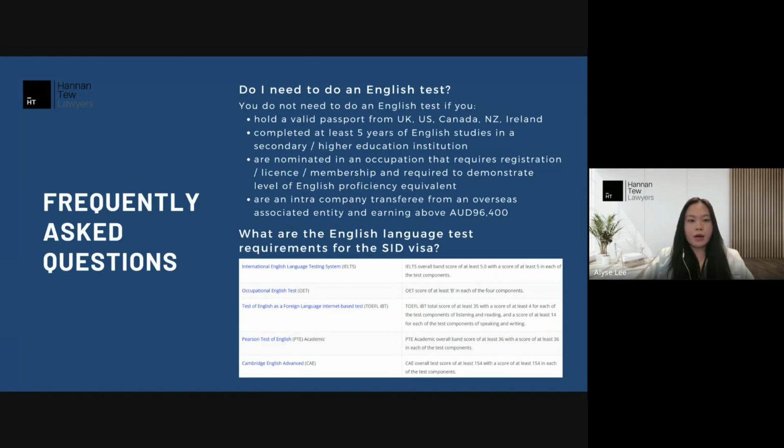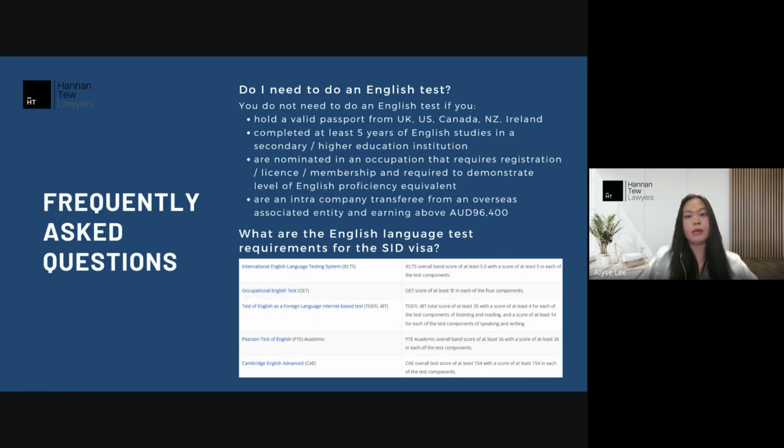So I've also outlined the language test requirements for the SID visa. As I mentioned, it's now vocational level. Previously, it was 2 different levels, the functional and the vocational level. Now all the applicants need to show, for an IELTS, for example, a score of at least 5.0, with a score of at least 5 in each of the test components. With an Occupational English Test, they'll need to show at least B in each of the 4 components.